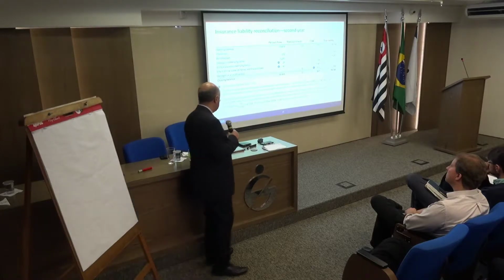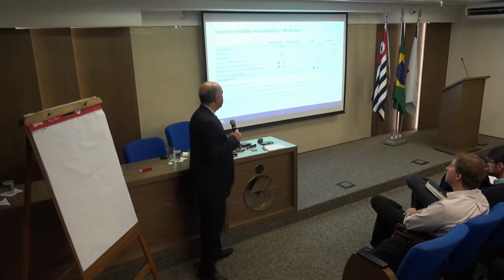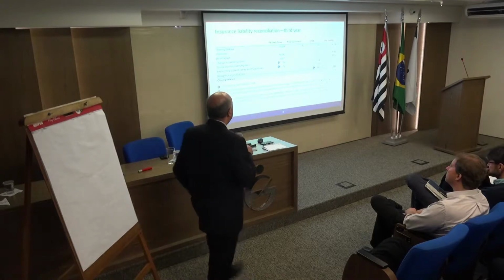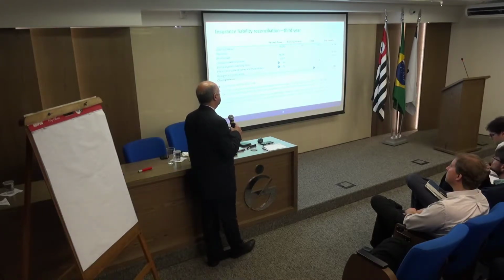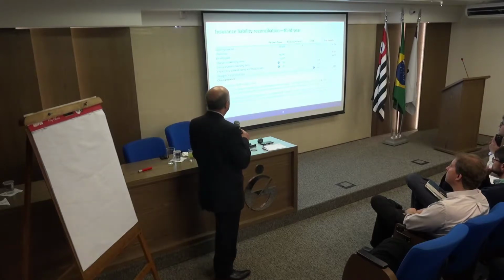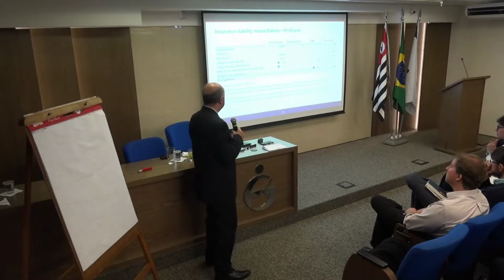Okay, so let's look at the third year. So the third year, again, we start opening balance with the carrying amounts that we have at the end of the second year. We have the benefit paid. We have this 34, which is this number times 2%. That's this number. Okay.